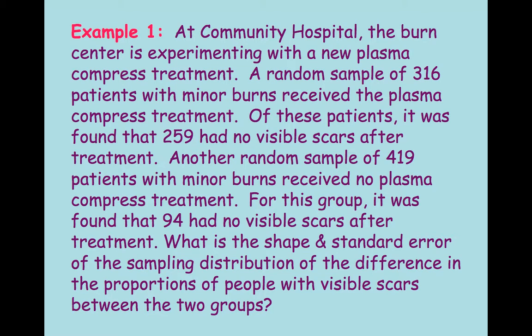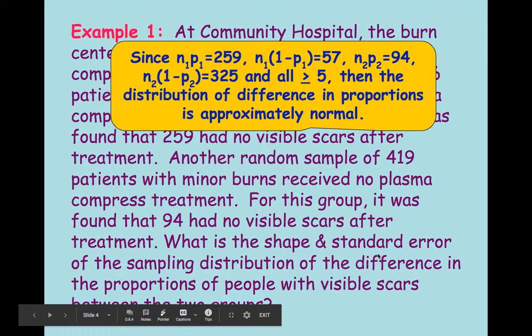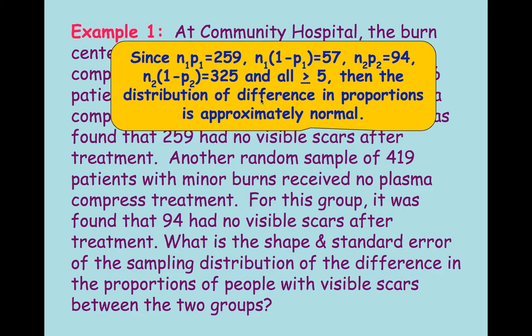What is the shape and standard error of the sampling distribution of the difference in the proportions of people with visible scars? Okay, so checking conditions really quick. When we run through, we do have information that is approximately normal.